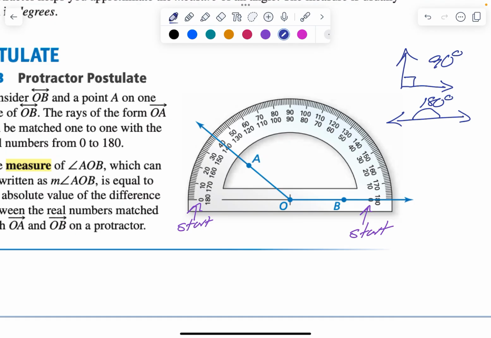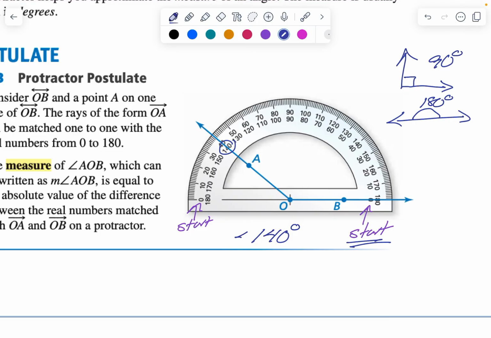So looking at this angle right here, we know it's bigger than 90 degrees. So don't use the wrong numbers. We want to start here at 0, and we're going to measure from there, and notice it goes to 140 here. So this angle is 140 degrees.